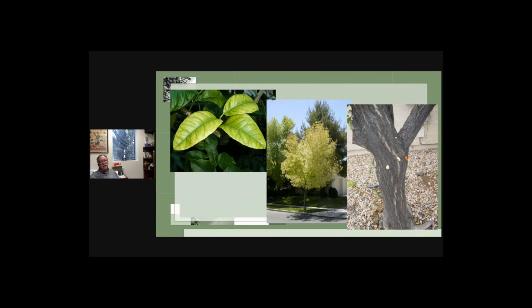And then we also have the gummosis on the tree on the right. This condition might be a result of rapid growth. It could be the result of borers. It just depends. So gummosis is not always indicative of a problem. It may be just the result of fast trunk expansion.